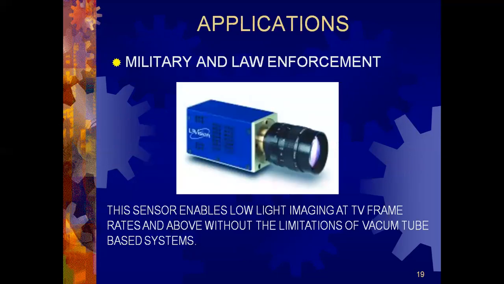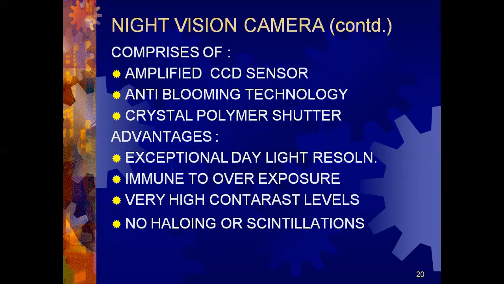Then applications. The first and most important application is military and law enforcement. This sensor enables low light imaging at TV frame rates and above without the limitations of vacuum tube based systems. The night vision camera comprises amplified CCD sensors, anti-blooming technology, and a crystal polymer shutter.